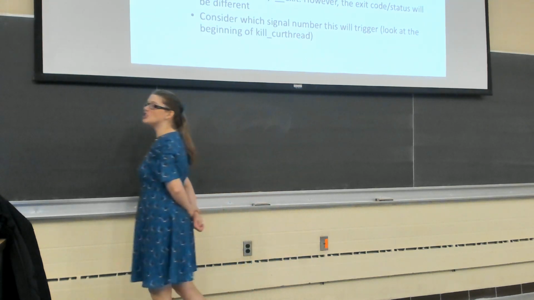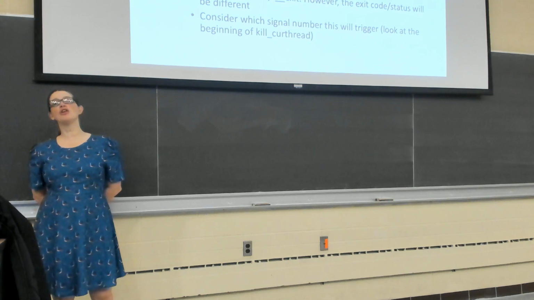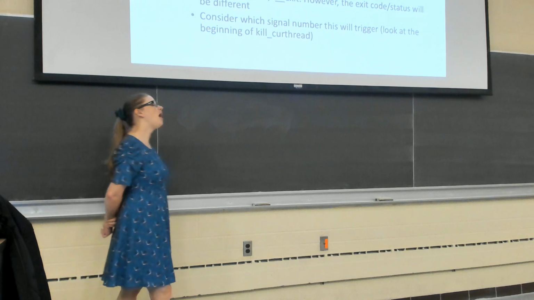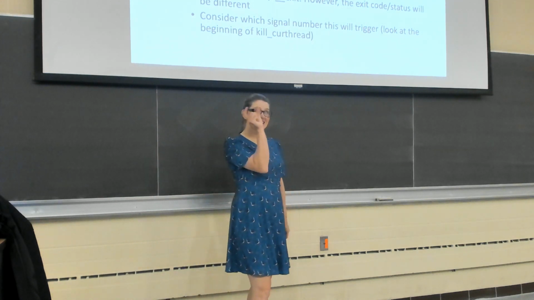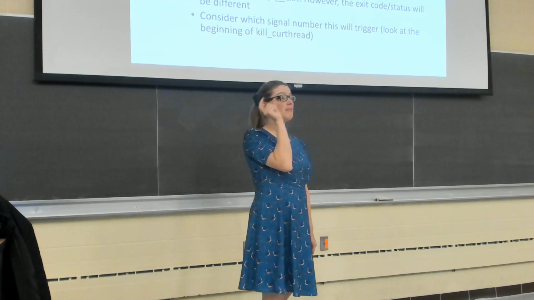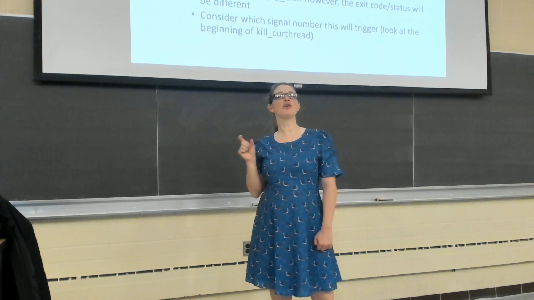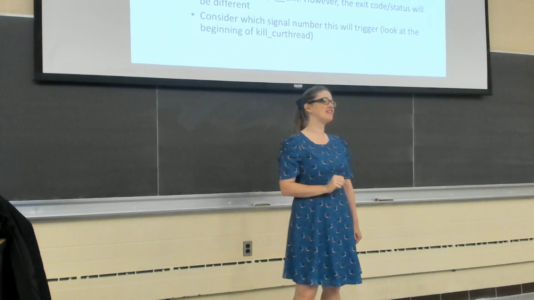That will get picked up when MIPS trap calls kill cur thread. Then you need to modify kill cur thread to see your signal, I tried to write to read-only memory. And inside of kill cur thread, instead of panicking, you want to kill the process.